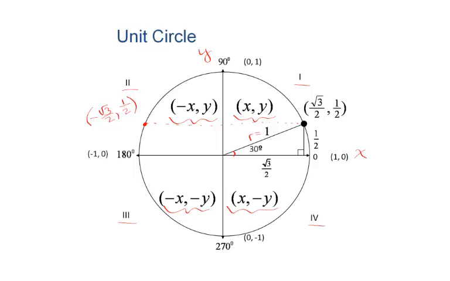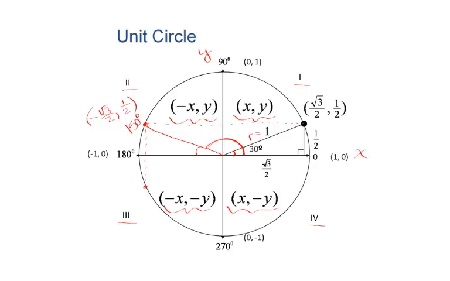So this is 30 degrees. Another way to do this, maybe a little easier, is this angle measure right here has to be 180 minus 30. So there's 150 degrees.